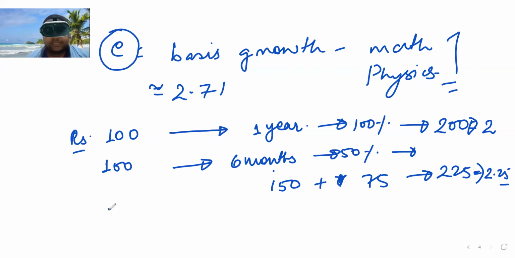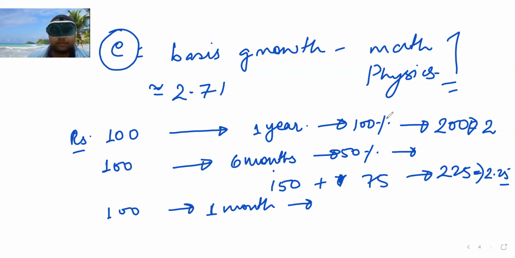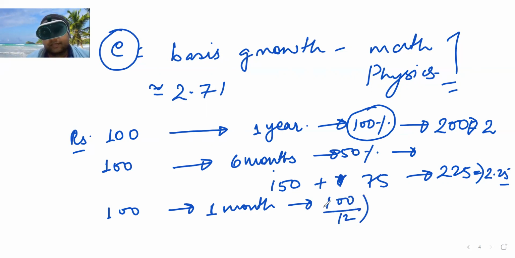Now assume that this were to be done every month. But again, this 100% rate of growth will also need to be broken, correct? Because here we broke it into half.